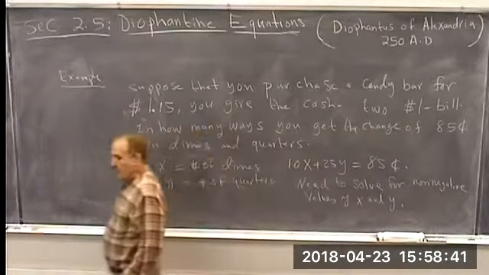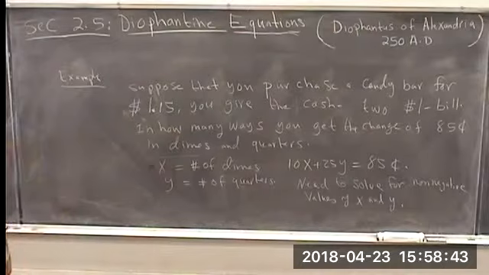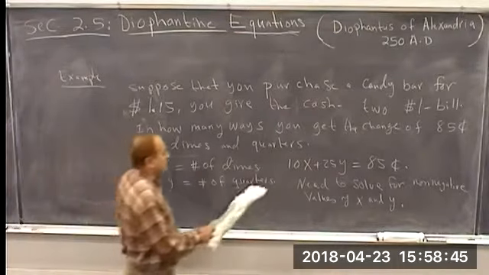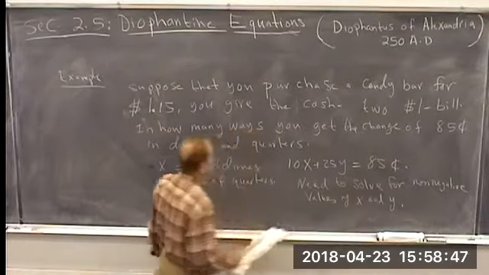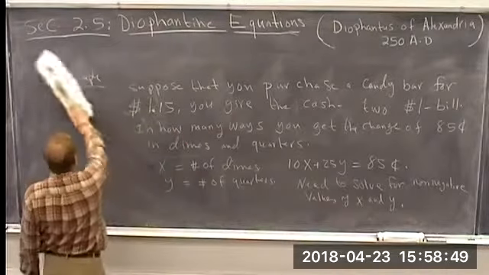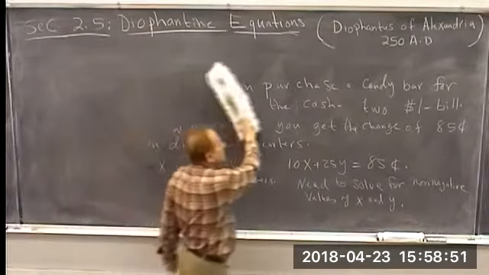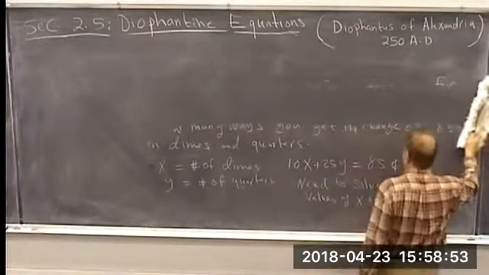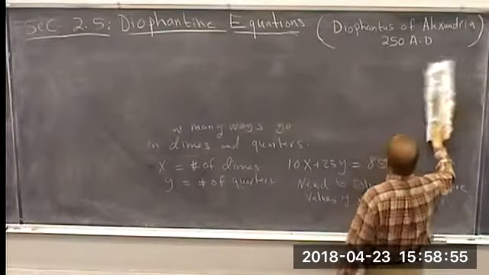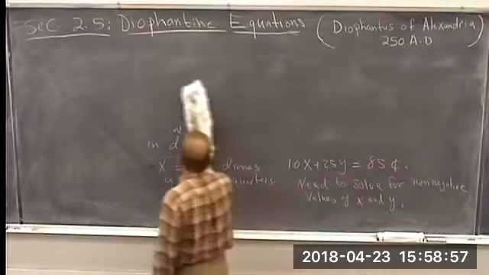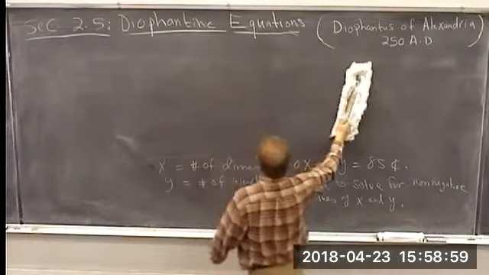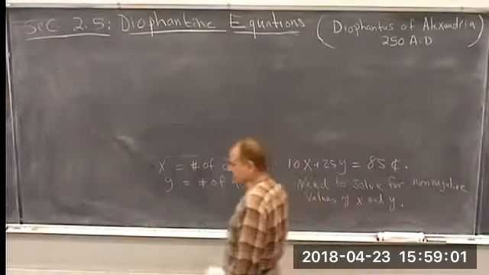Well, we know how to find all solutions to this Diophantine equation. First of all, you're going to see that the greatest common divisor of 10 and 25, which is 5, divides 85, so it does have a solution.